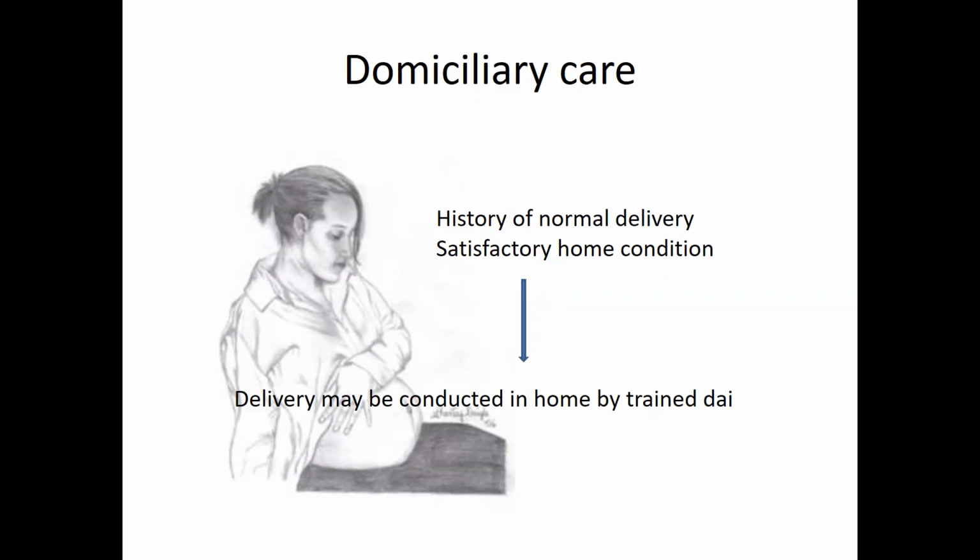We call them DAI. Now we don't find them much, but there are still some in rural areas, and we provided training to them. So they are called trained DAI, but this is also a local term. The medical or public term for them is TBA, trained birth attendant.